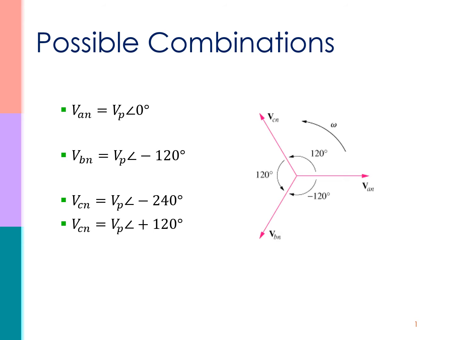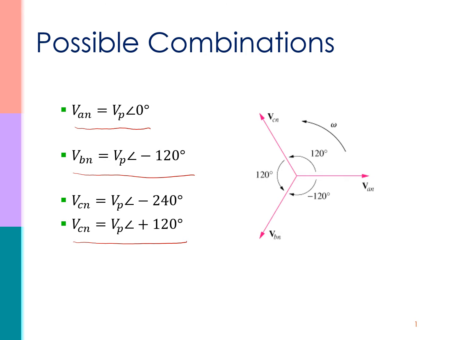One possibility is shown in this figure, and we express it mathematically as VAN equals V peak at 0 degrees, VBN equals V peak at minus 120 degrees, and VCN equals V peak at plus 120 degrees, or equal to minus 240 degrees.